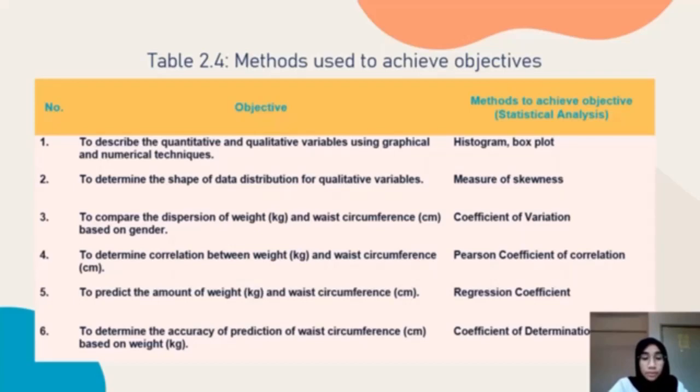The fourth objective, to determine the correlation between weight and waist circumference, the method used is Pearson coefficient of correlation. The fifth objective, to predict the amount of weight and waist circumference, the method used is regression coefficient. And lastly, to determine the accuracy of prediction of waist circumference based on weight, the method used is coefficient of determination.